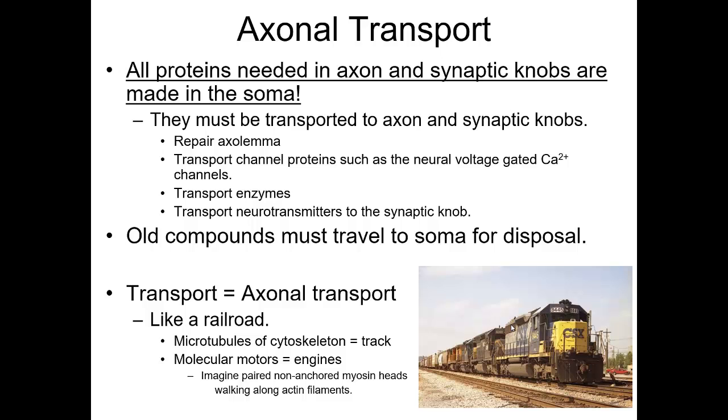It is not located in the axon. So anything that's secreted, worn out organelles, proteins, anything that's supposed to be made has to be made in the soma or the cell body. And it has to be transported across this very large cell. And it happens in two ways.